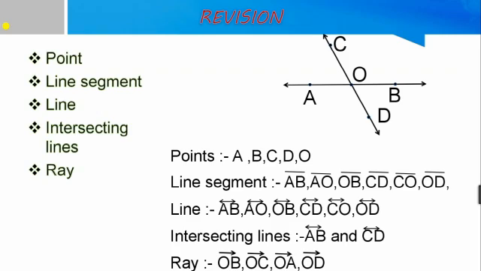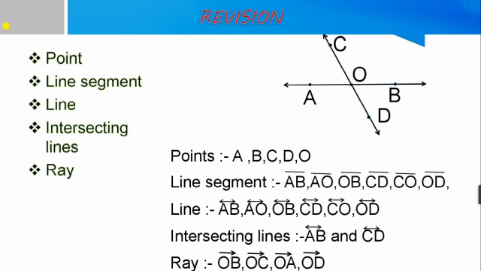Next term, ray. A ray is also a part of a line, but it starts at one point and goes in one direction endlessly. Here you can see 4 rays: OB, OC, OA and OD.